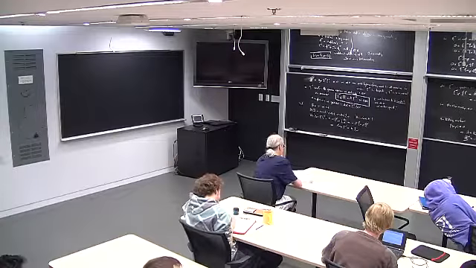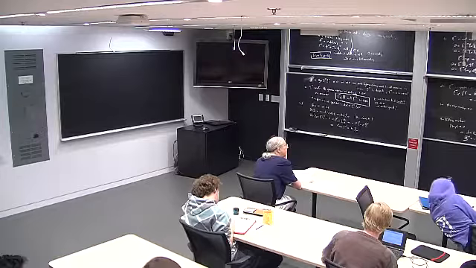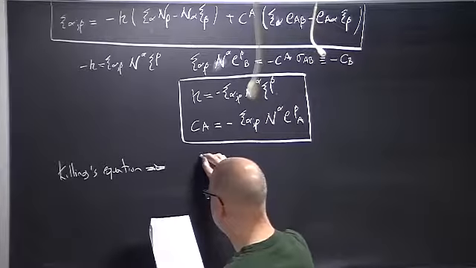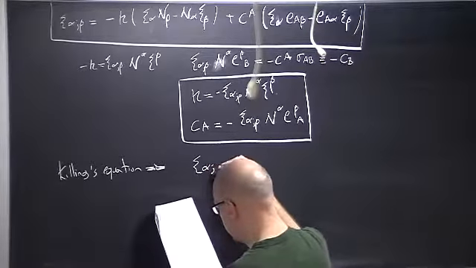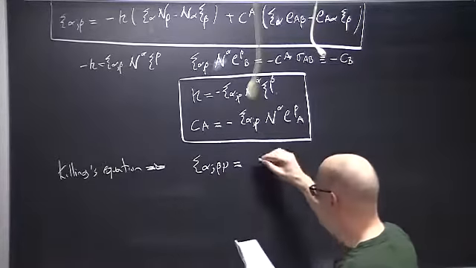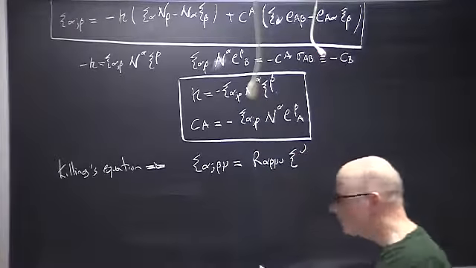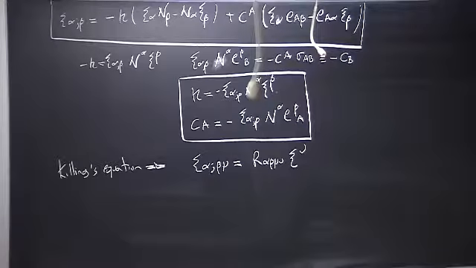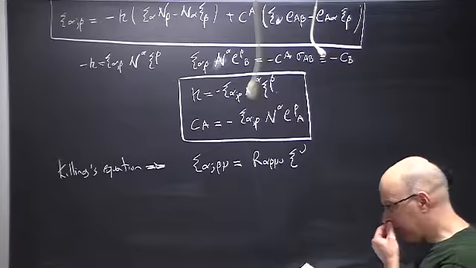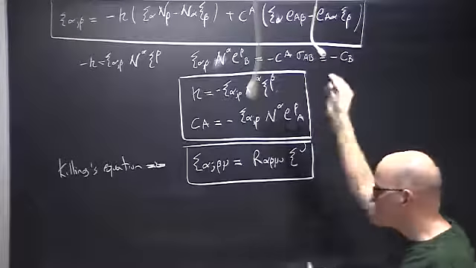That's something that you worked out, I think, in the first homework assignment, that says that the second derivative of a Killing vector field is proportional to the Riemann tensor. So for any Killing vector, this follows as a matter of identity. The second derivative can be expressed in terms of the Riemann tensor and the Killing vector itself. So that's a property we'll use in addition to all of that stuff. Okay.